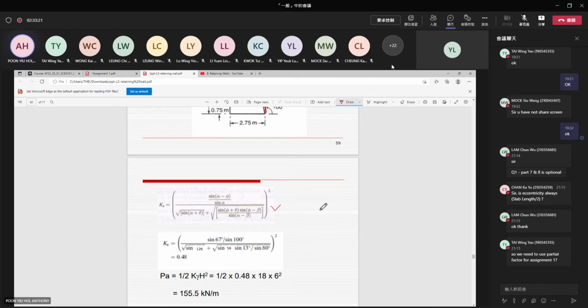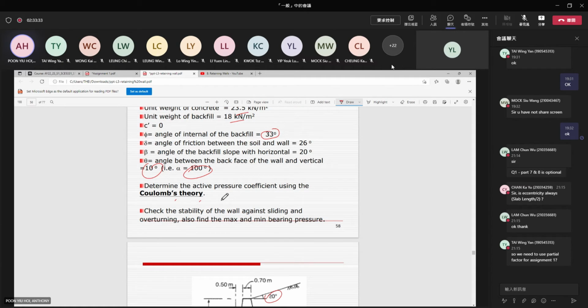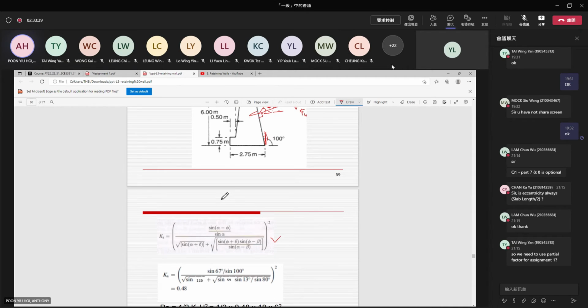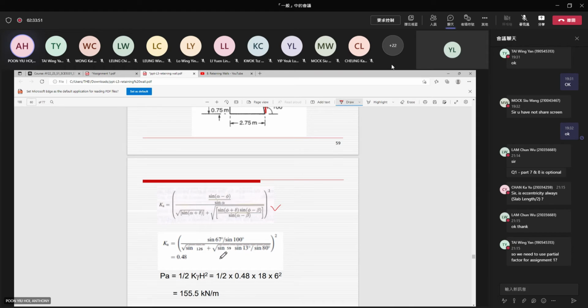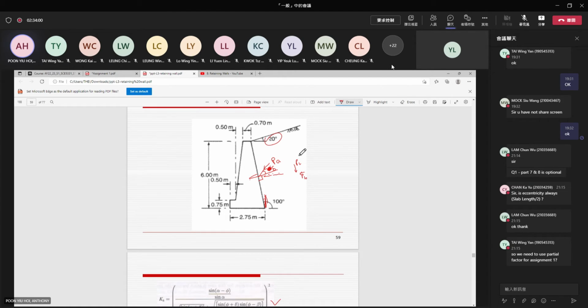So after that, basically you just need to substitute into this equation alpha there. Look back at the equation, and make sure that h is actually the height, which is 6.